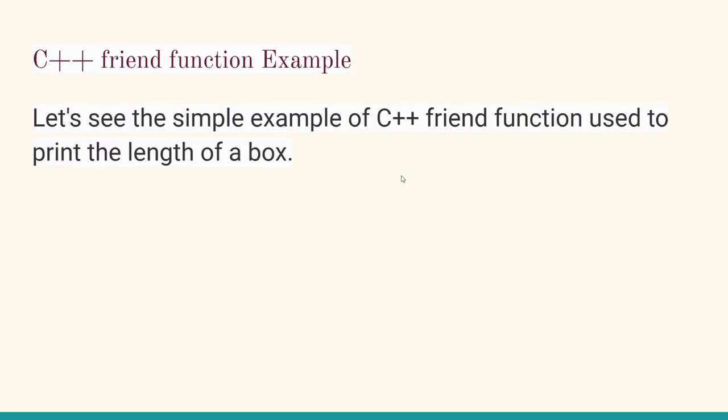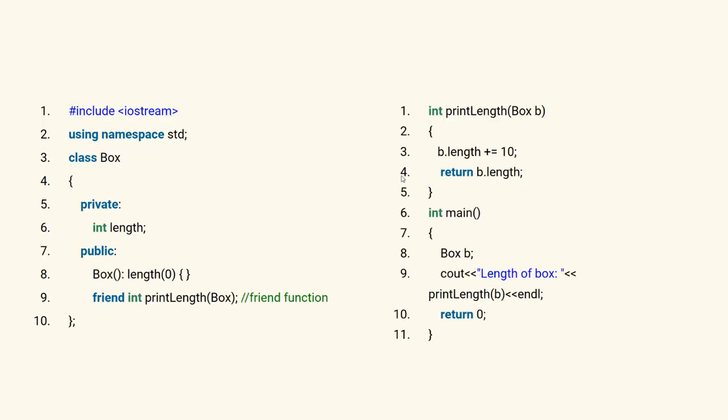We will see an example of a C++ friend function used to print the length of a box. We created a class named Box, and in that we gave the access specifier private. In private we wrote length with the int data type, and under the access specifier public we wrote Box() with length(0), and we wrote the friend function friend int printLengthOfBox, and we closed the class.